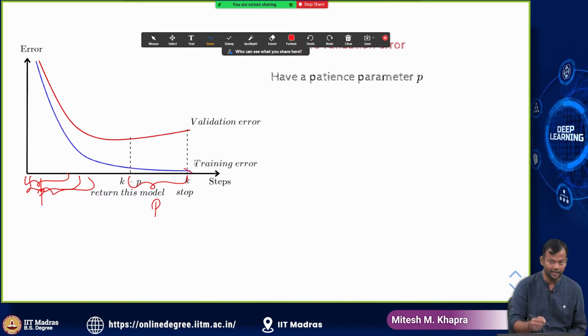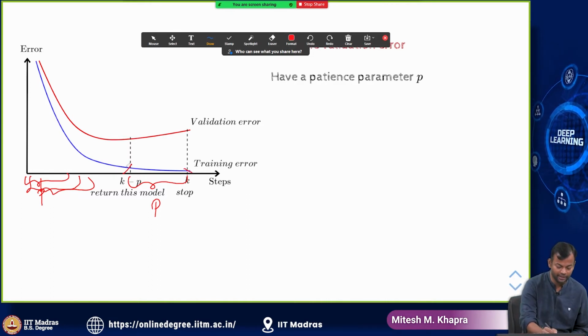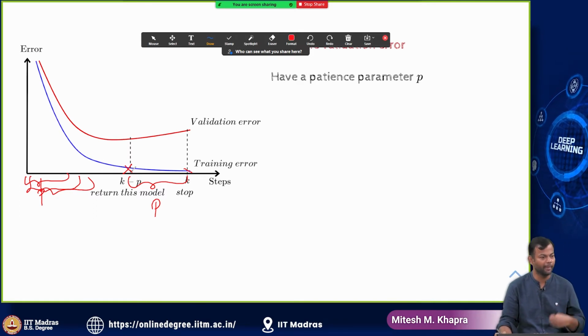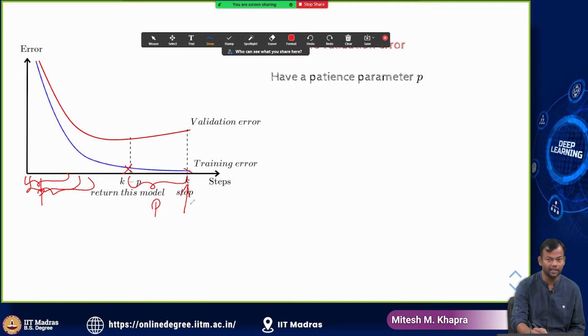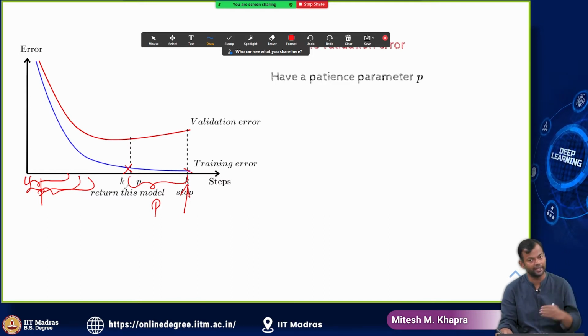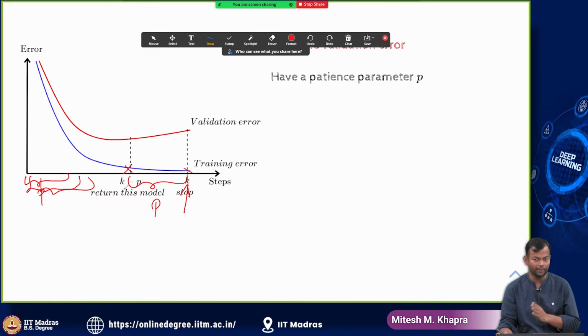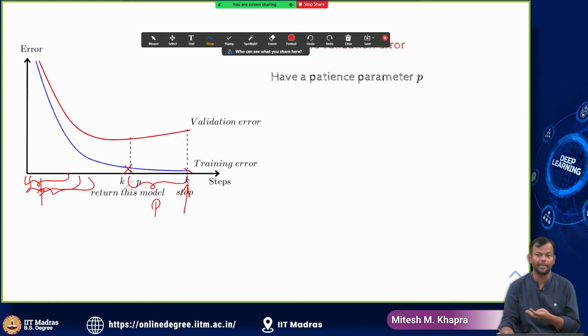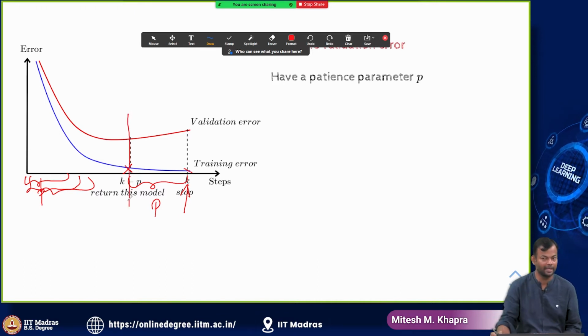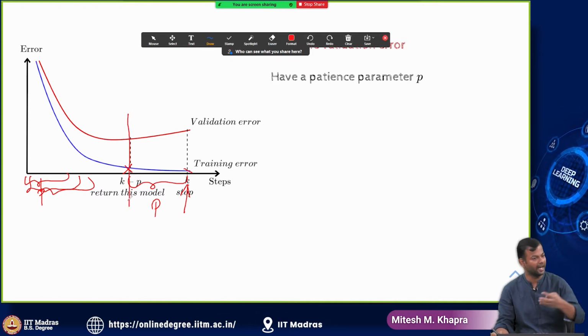Not just that, I'll go back and just retain the model which was there at step k minus p. So I'm currently at step k, and I've observed that for the past p steps the validation error has been increasing while the training error has been decreasing. So I'm going to throw away the last p updates that I have made, and I'll simply take the model which was there at step k minus p, and I'll release that as the final model.